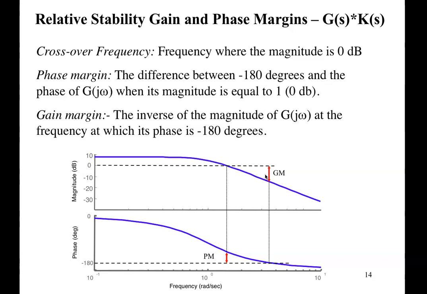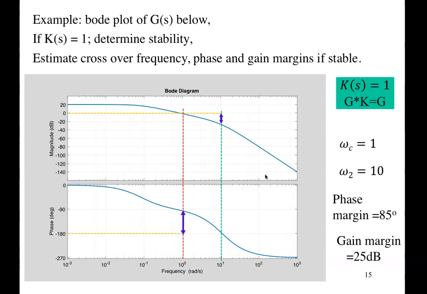Okay? So I'm going to give you a couple of examples here just to show you how to find these three parameters from open loop Bode plots. Okay? So over here, in this diagram, you have the Bode plots of the open loop plant. That's G(s) itself. It does not include K(s).